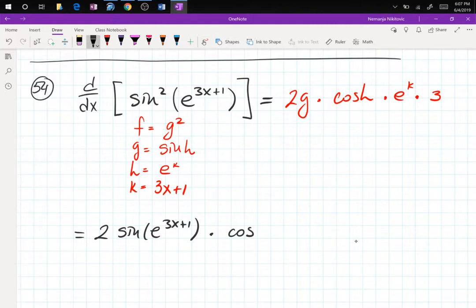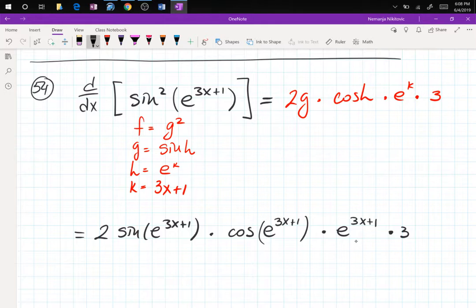Cosine of h, what's h? h is the entire e to the 3x plus 1. And then finally e to the k, so that's e to the 3x plus 1, and times 3. Now, the problem is technically done.